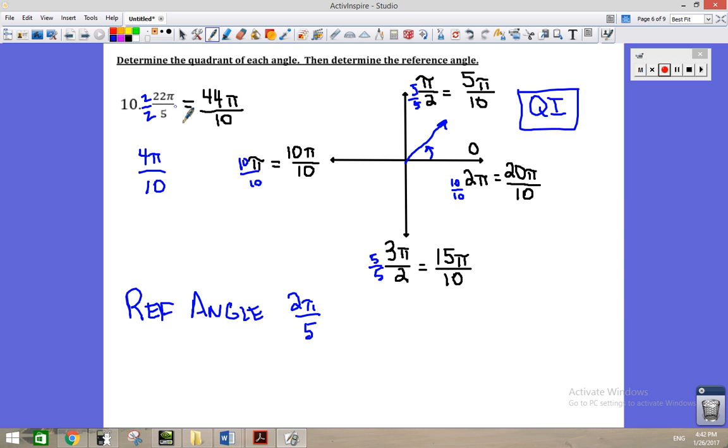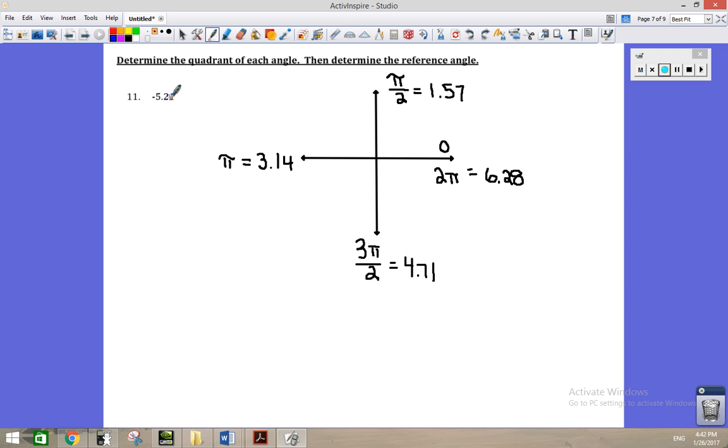So this 22 pi over 5 lies in quadrant 1, and 22 pi over 5 has a reference angle, the angle the terminal side makes with the x-axis, of 2 pi over 5.